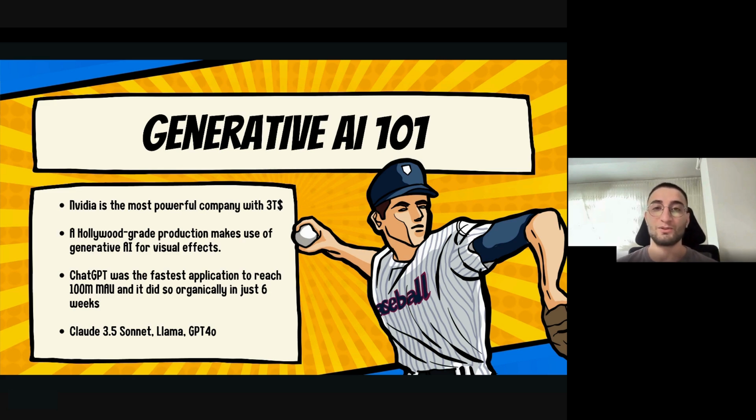And also from the State of AI 2024, a research and industry white paper, it says a Hollywood grade production makes generative AI part of their visual effects and also their movie making pipelines.